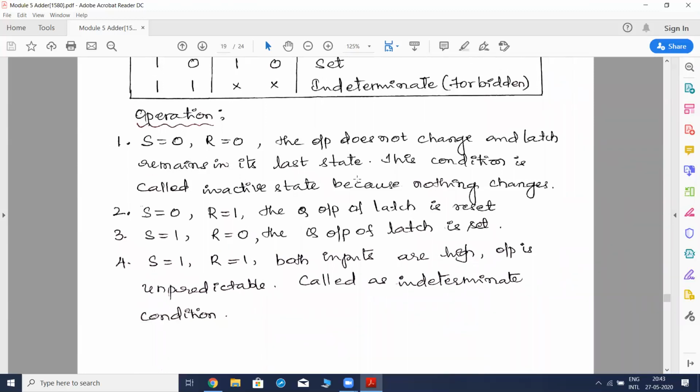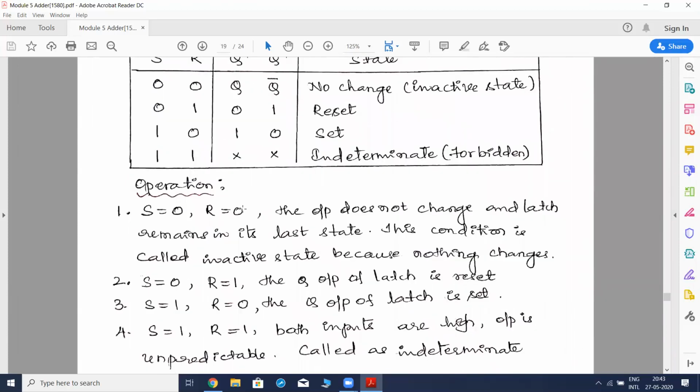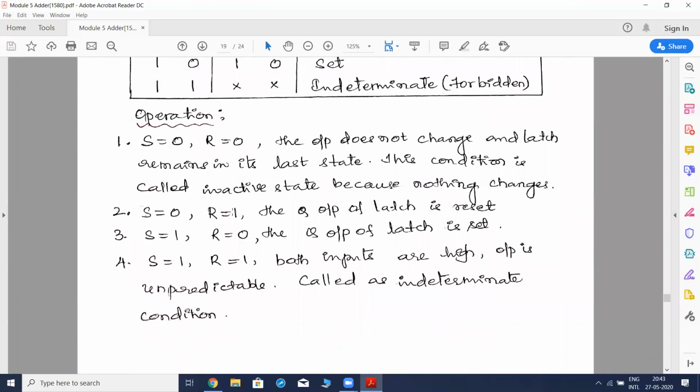So the operation written in this truth table will give all the information. The same thing is written in words over here. So this gives us the operation. I have given in detail how this NOR gate latch is going to operate. When S is 0, R is 0, the output is not going to change, and the latch remains in the last state.